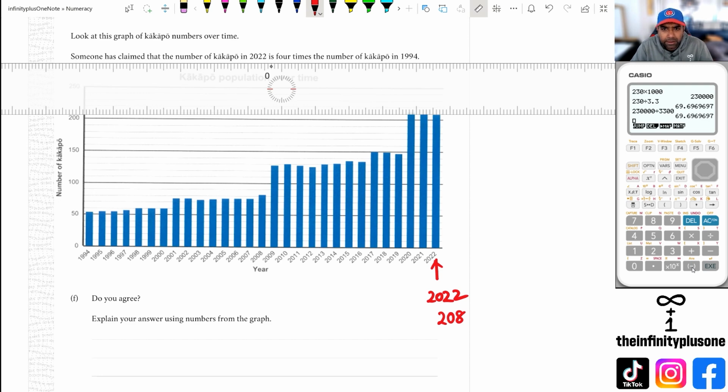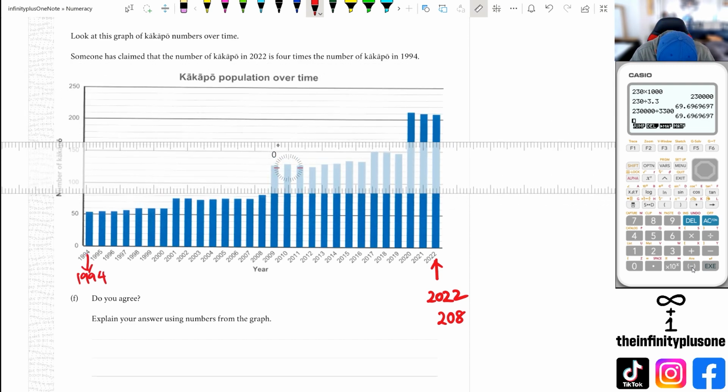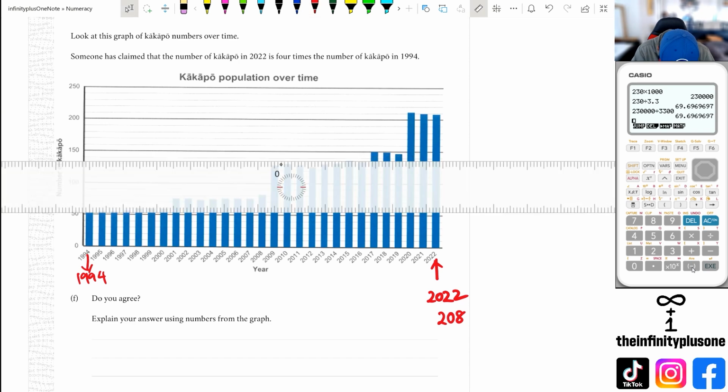Then I'm looking at 1994, which is right here, and I want to know how much that number is. If this number is 60, I probably would say there's about 52. I just picked random numbers here, but now it says that it's 4 times the number of kakapo in 1994.